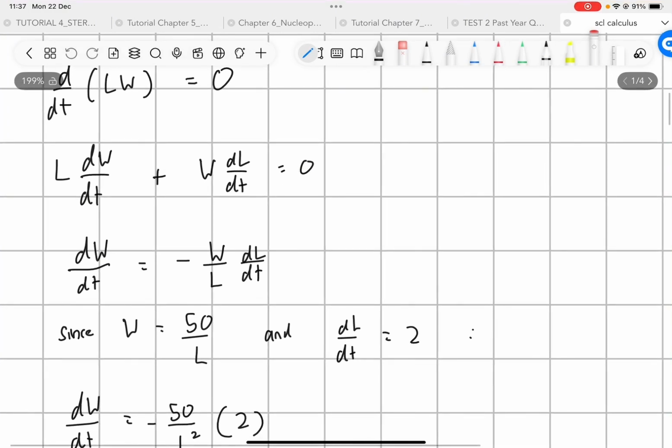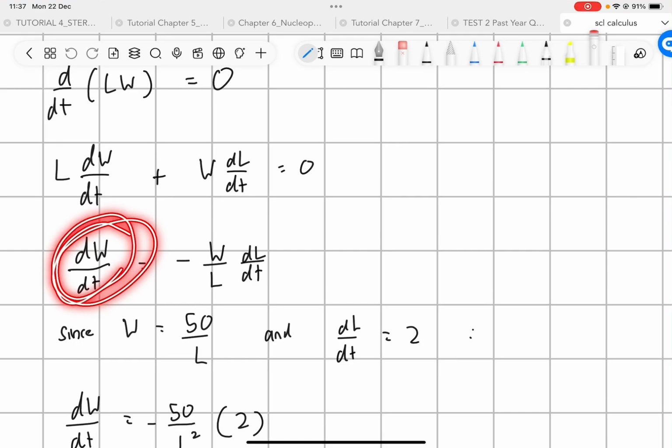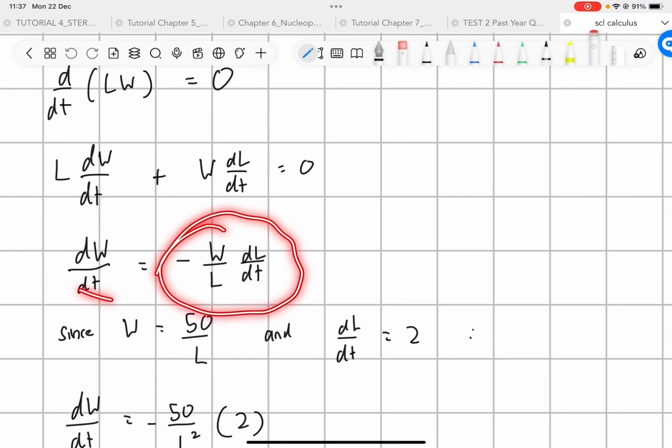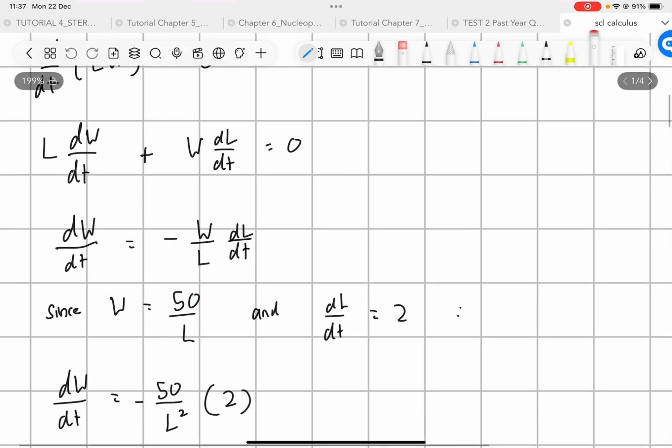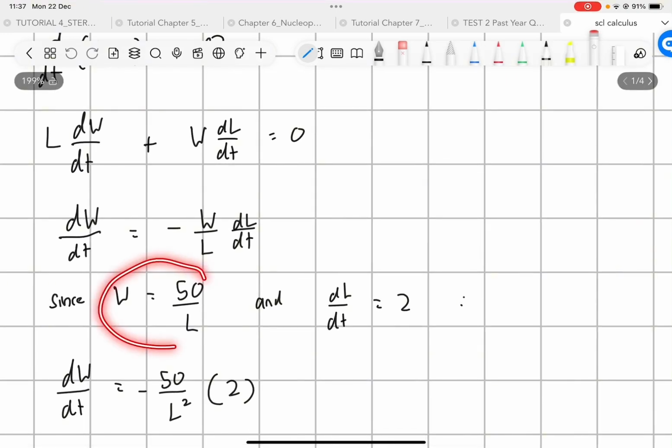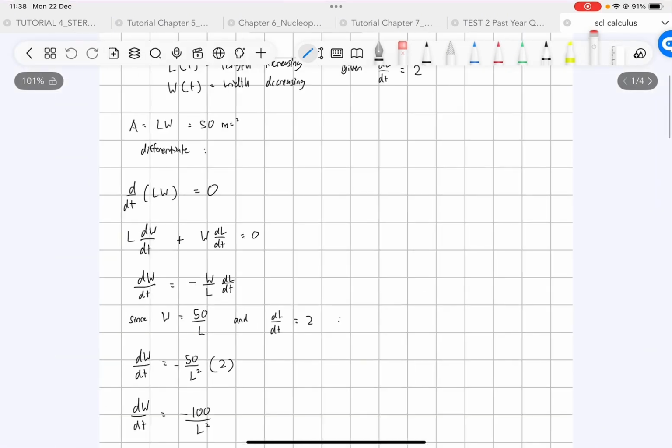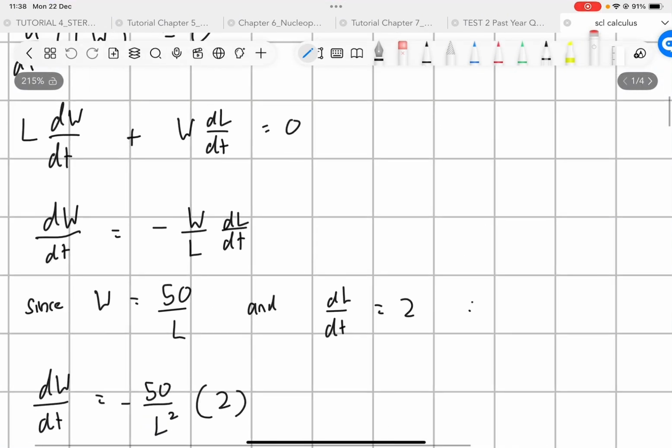Now we need to leave dw/dt on one side and move the others to the other side, and we get this equation. Since we know that area is equal to length multiplied by width, we get that width is equal to 50 over length. And we know that the rate of length increase is 2.